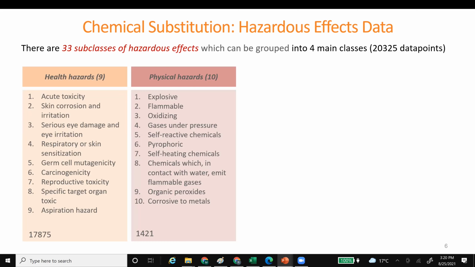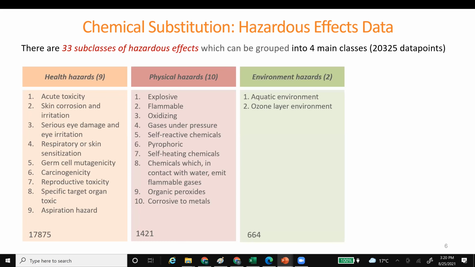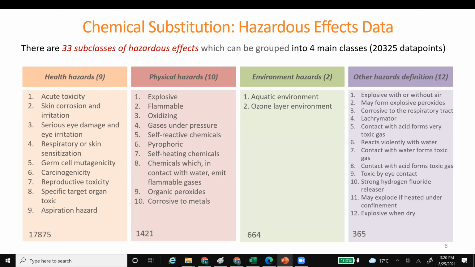Then the physical hazards, and then the environmental hazards. As Dr. Razia said, it is only 2, but actually we have more data on environmental hazards from US EPA. And then other hazards definition.